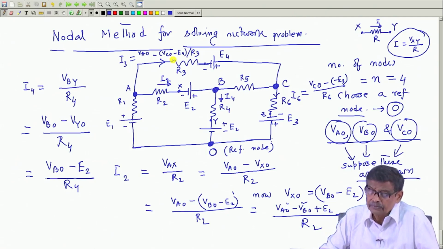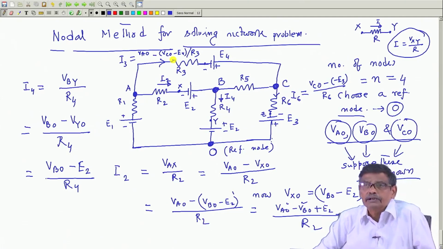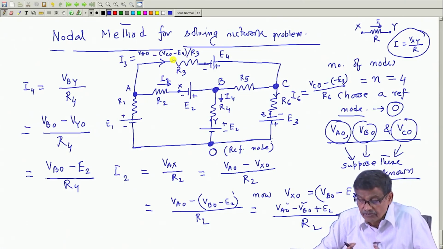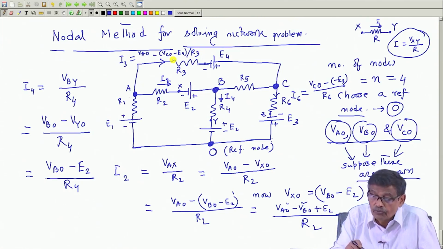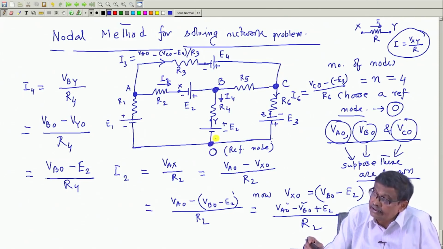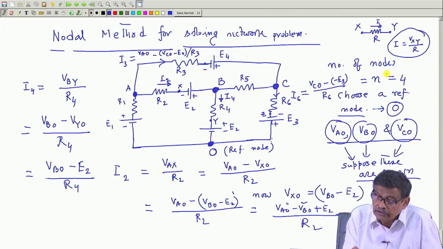In fact, for any branch you can do it. The first point to be noted is to identify the number of nodes. Here n equals 4, so there are 3 node voltages, and one node you choose as reference.